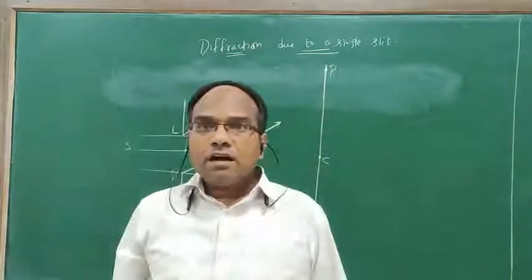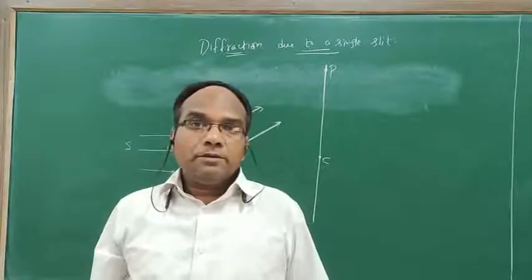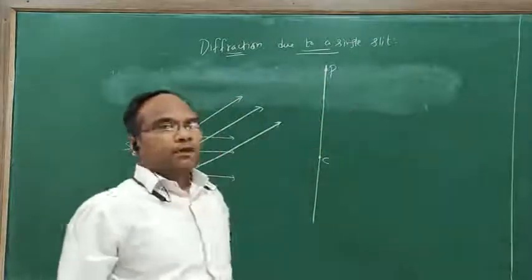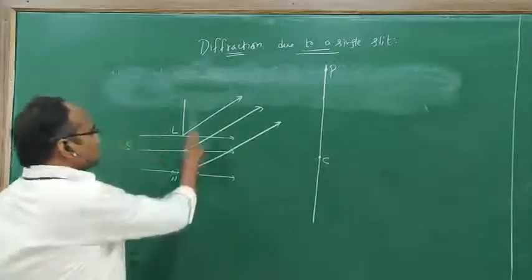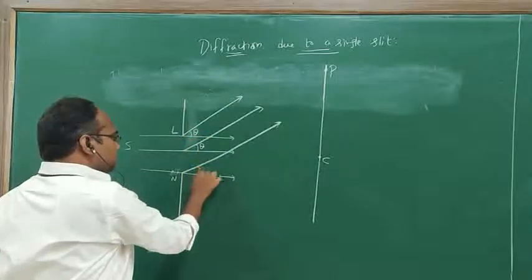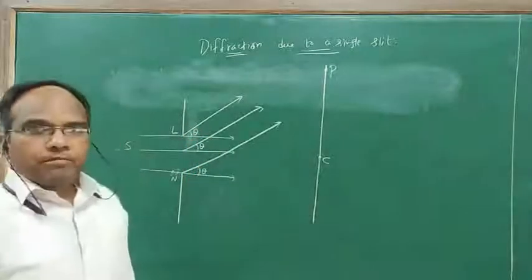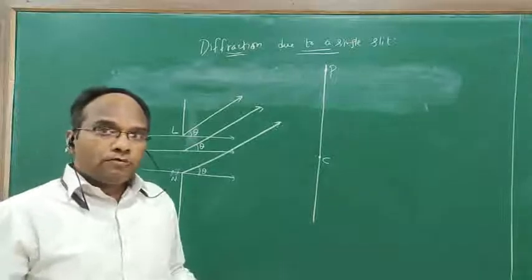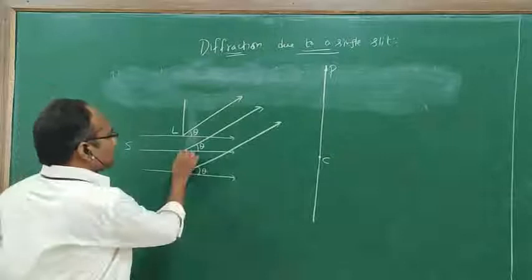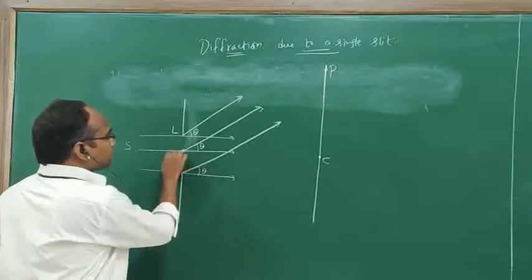When these rays are forming on the screen, we are naming it as point P. This is a point P. Now, this is an angle theta. This is also an angle theta. This is also an angle theta. The midpoint of L and M is named as N.